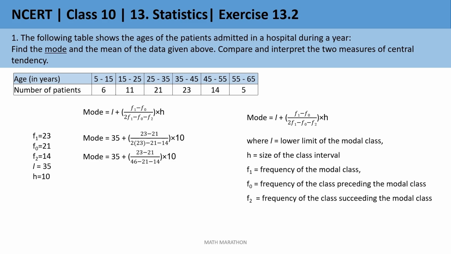In denominator, twice of 23 is 46. Remaining equation I have written as it is.